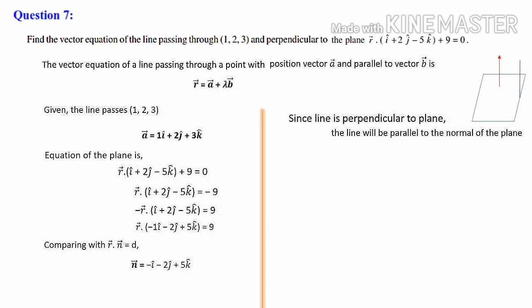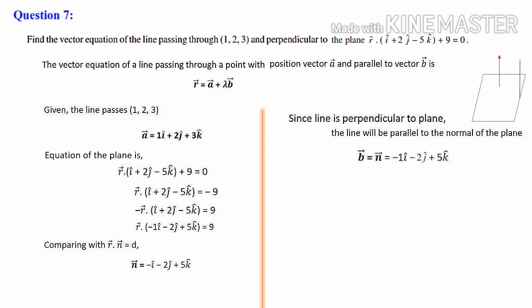And we know that the plane already has a normal, a perpendicular to the plane. Based on this normal only the equation is formed. So when we compare the normal to the plane and this perpendicular line, these two are parallel. Since the line is perpendicular to the plane, the line will be parallel to the normal of the plane.